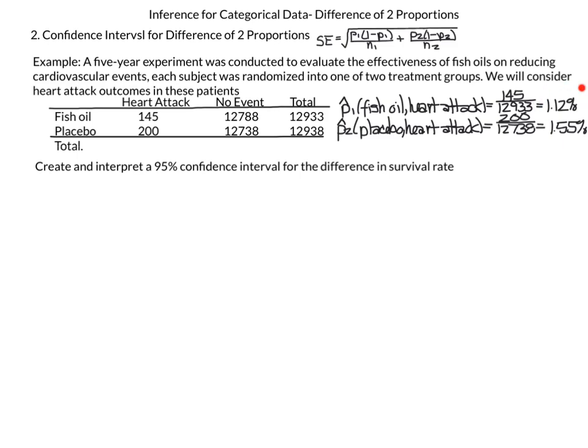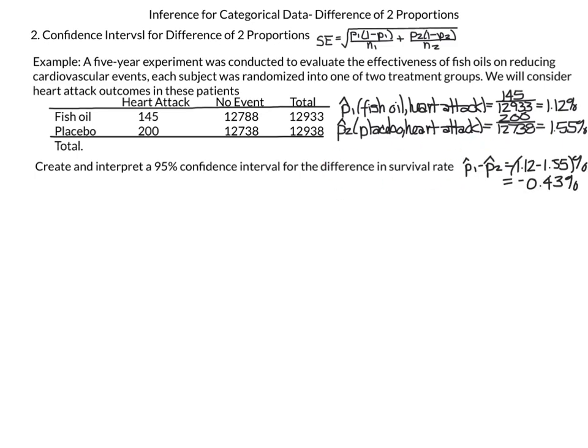So that's approximately 1.12%. For the placebo, the heart attack people, that's 200 over 12,738, which is 1.55%. So we want to interpret a 95% confidence interval for the difference in survival rates.